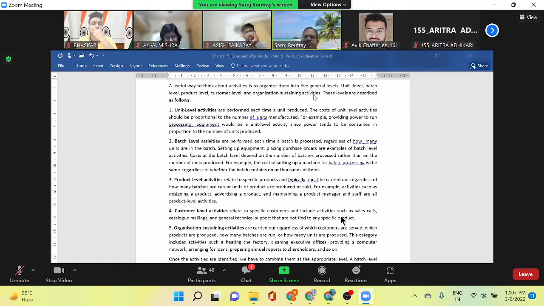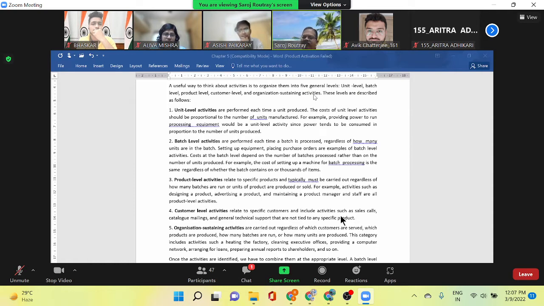So a die is prepared for that type of product. Okay. Now, once you design that die, you can sell it to that customer as well as to other customers. Then it is a product level activity.